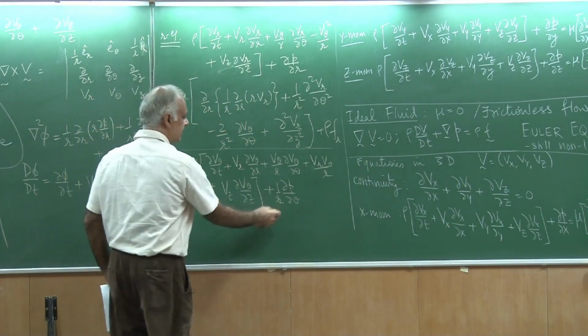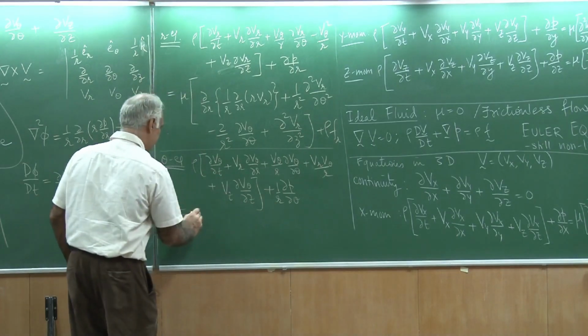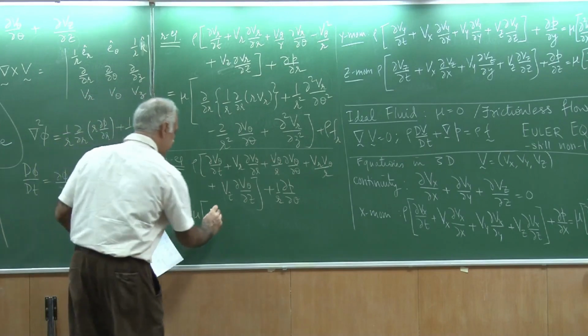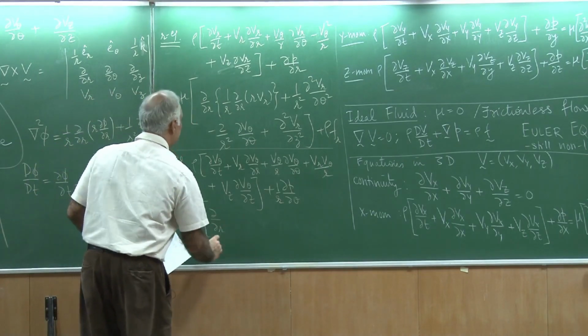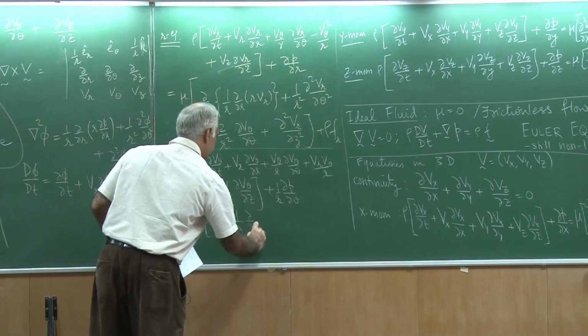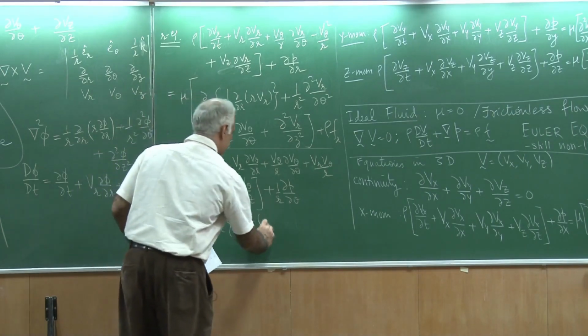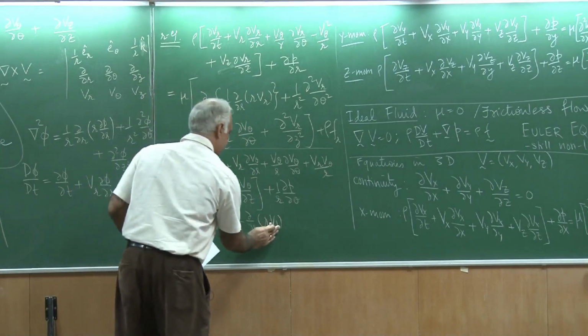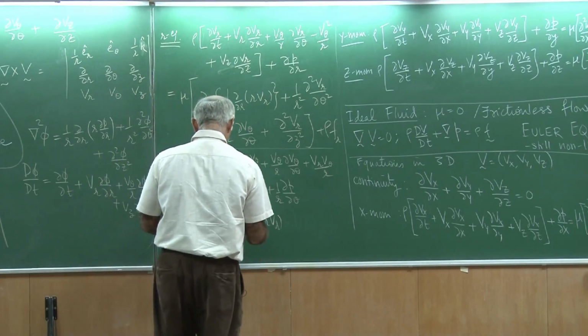So remember this, and this now is equal to the second order terms, which are again the 1 by r, del by del r, r v r, sorry, this would be theta.